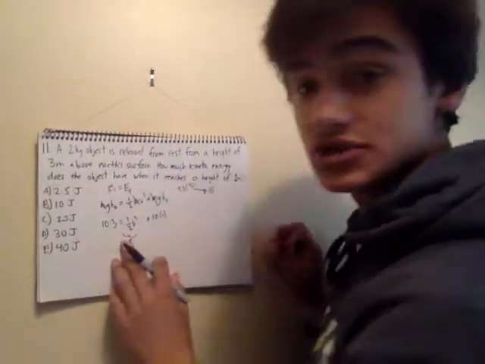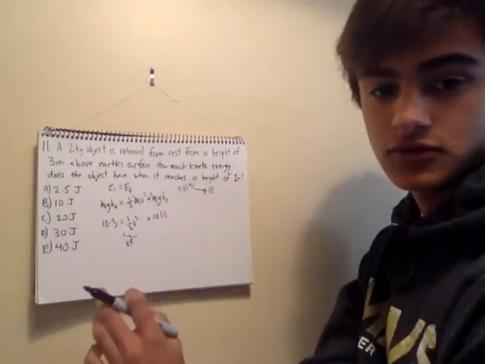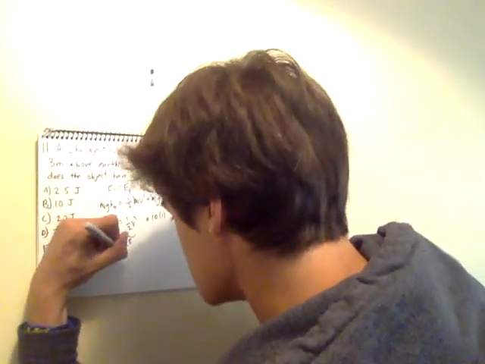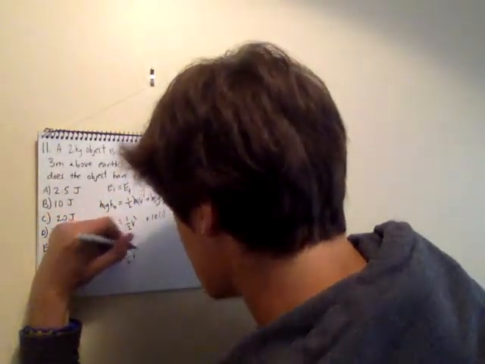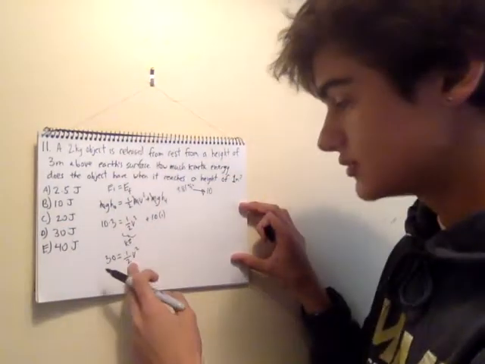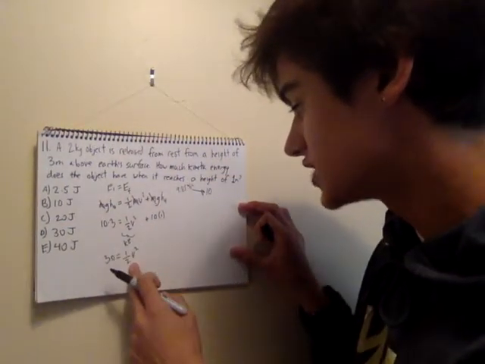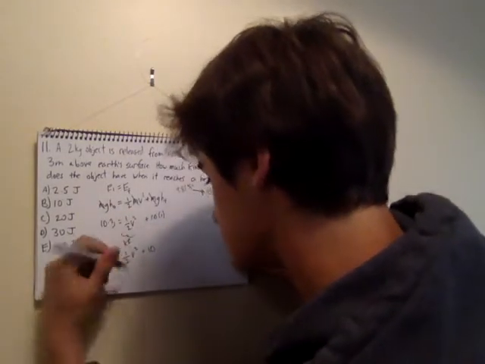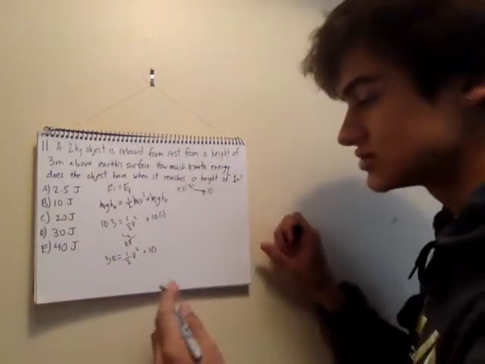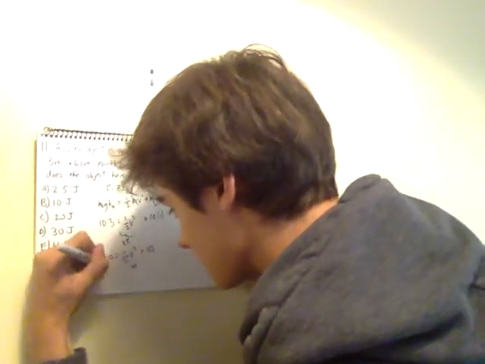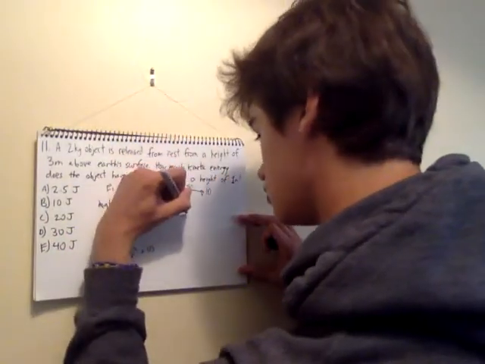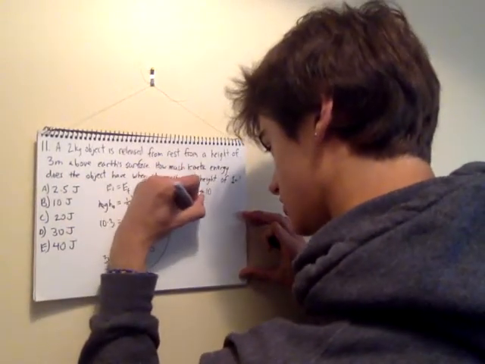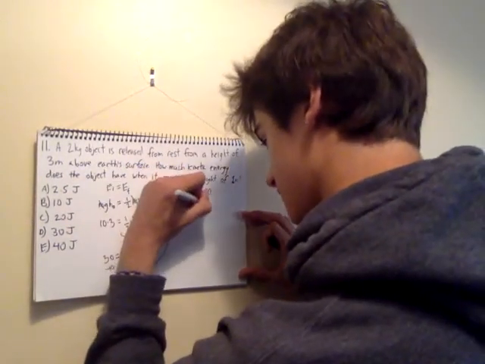So let's multiply these out. 10 times 3, 30, is equal to 1/2 v squared. Again, this is our kinetic energy. We're going to want to keep track of this term. Plus 10. Simplify, isolate kinetic energy by subtracting 10. We have 20 is equal to 1/2 v squared.